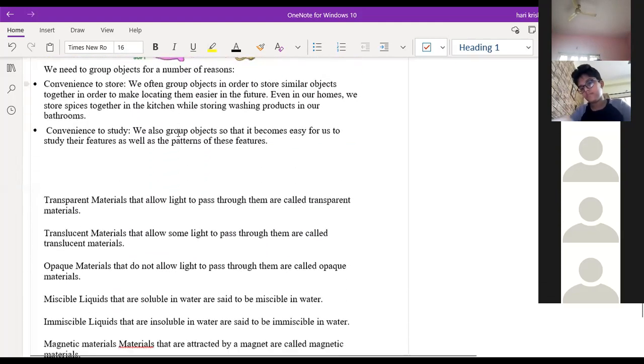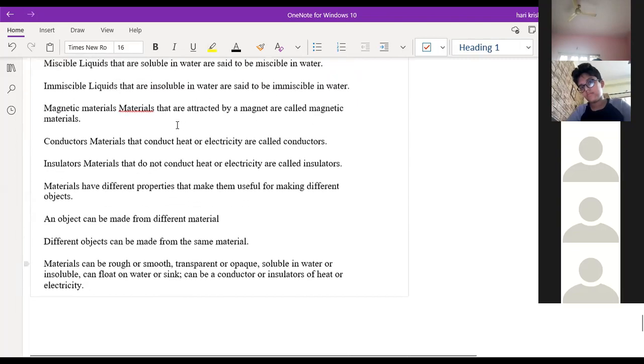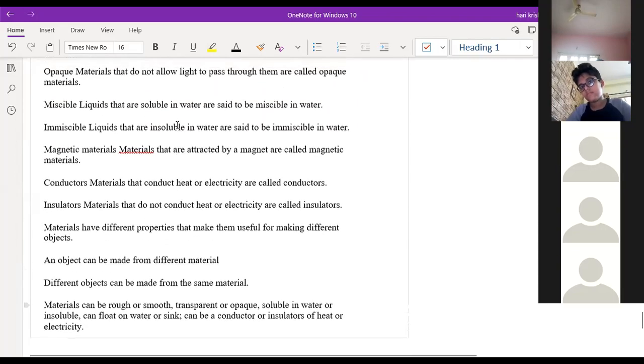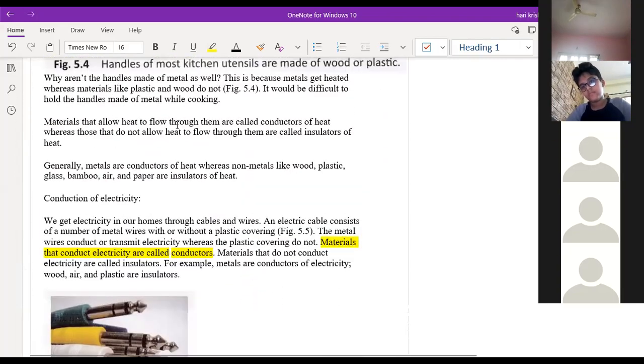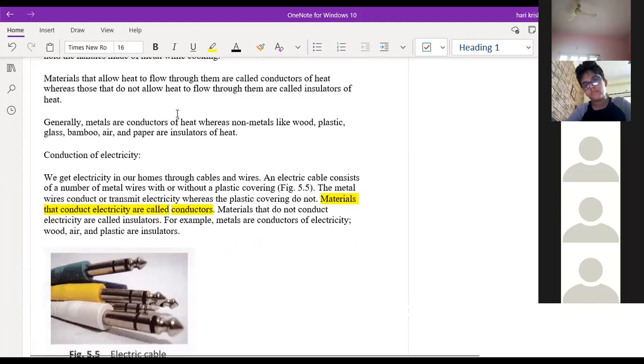Sir, about the conduction of electricity, impure water can also conduct electricity. That is why when we touch electric wires, we get shock, because we have iron in our blood and our body also has water.